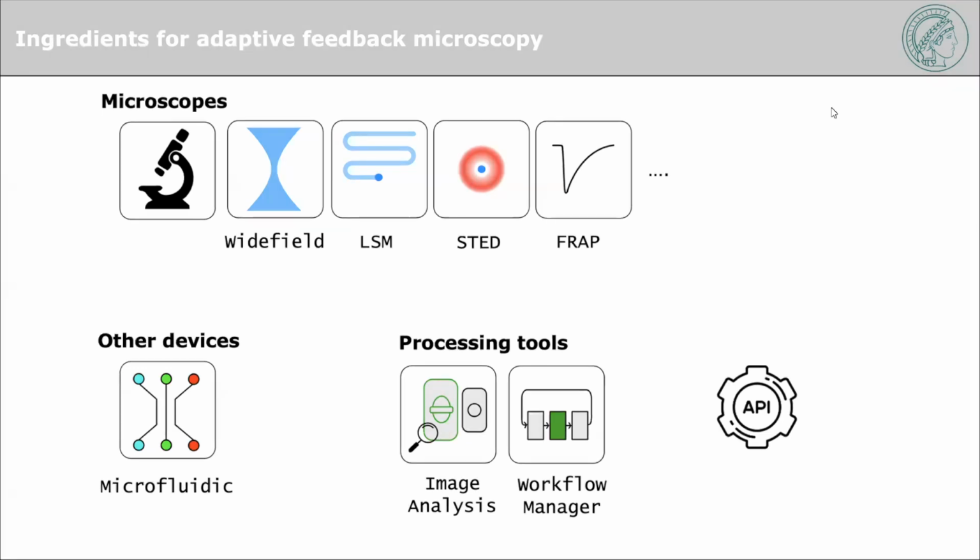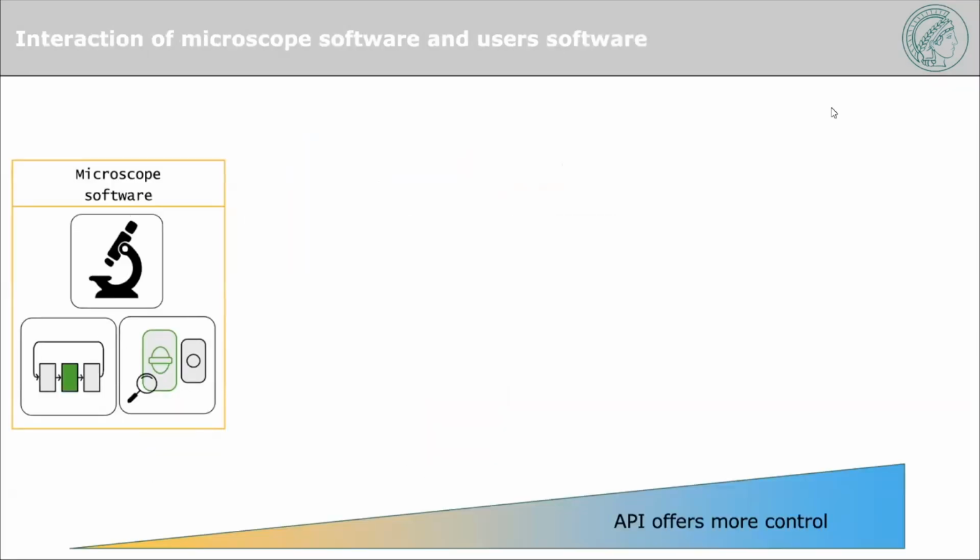So in the different scenarios, how this can happen, there is one case where we have a microscopy software which controls the microscope, provides also workflow management and some image analysis tools. And within this framework, we can do a lot of things already.